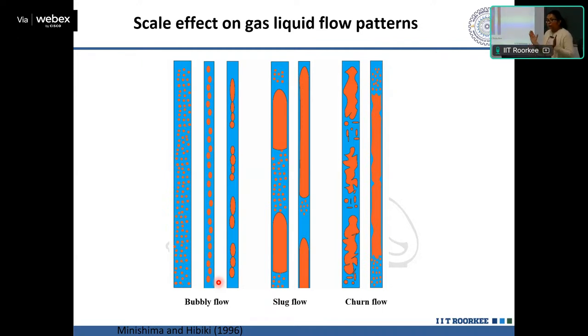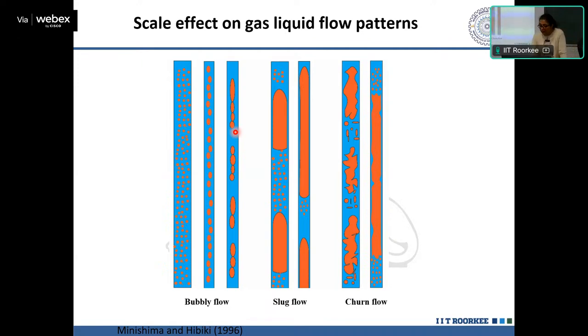While when you are narrowing down the flow path, they are closer to the axis, and the diameter is slightly enlarged. Sometimes they also form a kind of train, one after another. We also observed that during the tutorial yesterday, isn't it? A train of bubbles, a train of small plugs, forming one by one.